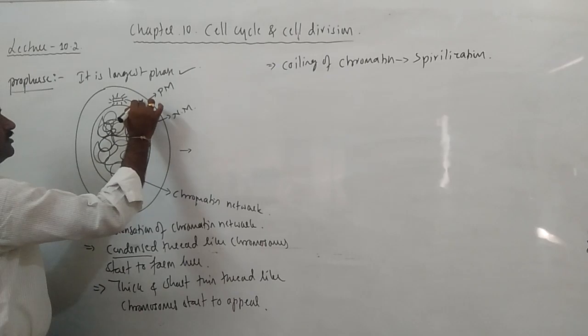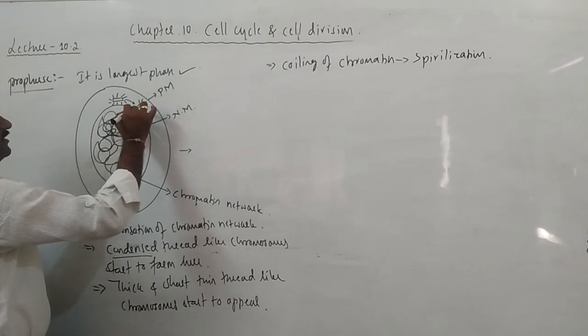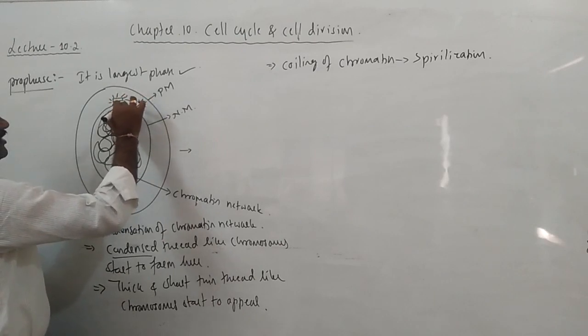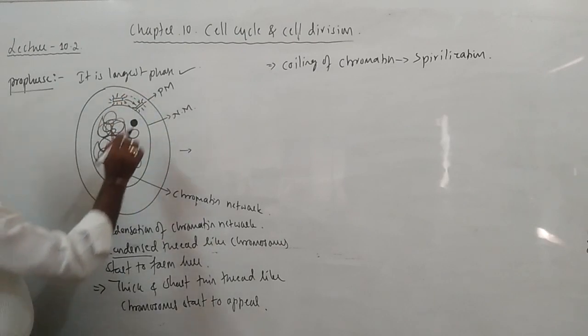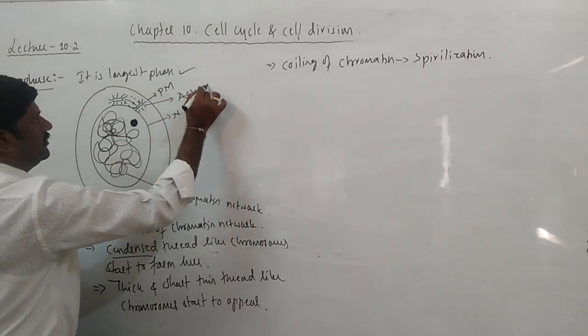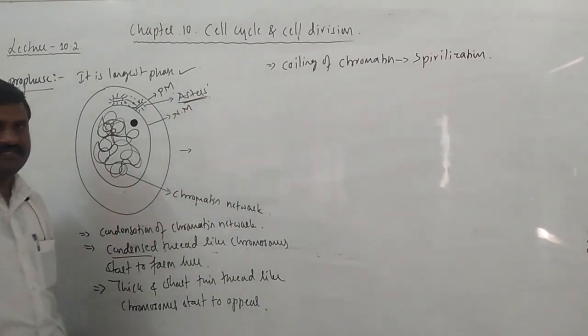Minute microtubules start to arise from these centrioles, and they look like stars. Hence, these are forming the asters. So, what do they form? Asters.